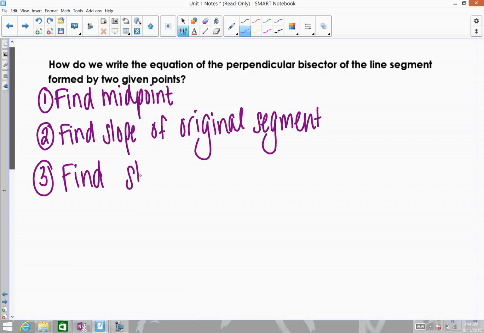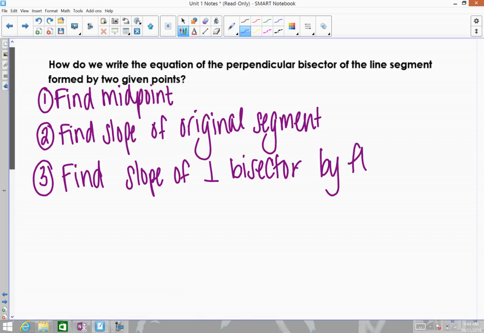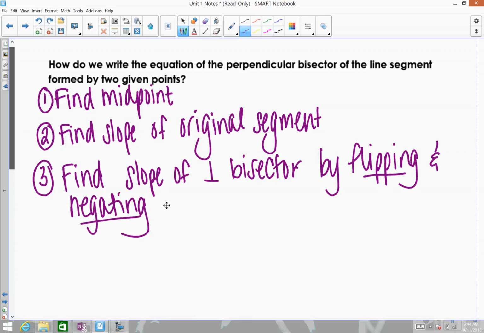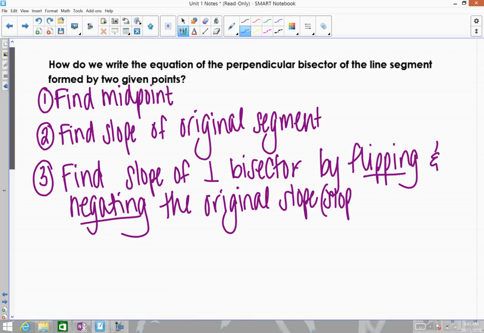then you're going to find the slope of the perpendicular bisector by flipping and negating the original slope, which is the slope from step 2.